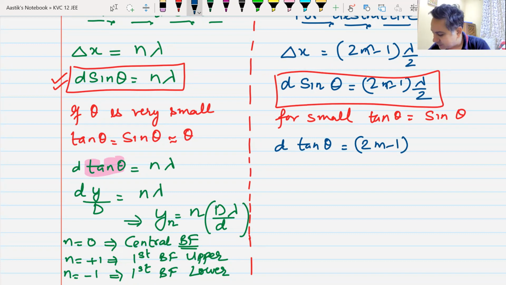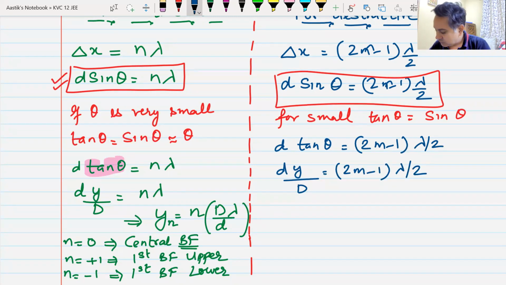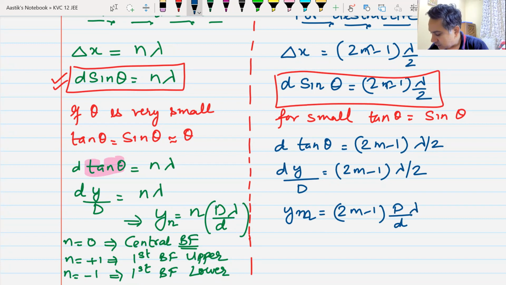The value of tan theta is y by D, nothing else. So from here I can get the value of the mth dark fringe: 2m minus 1 times capital D by small d, lambda by 2.